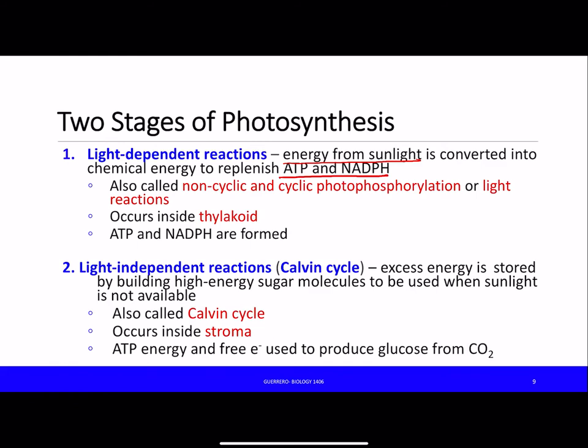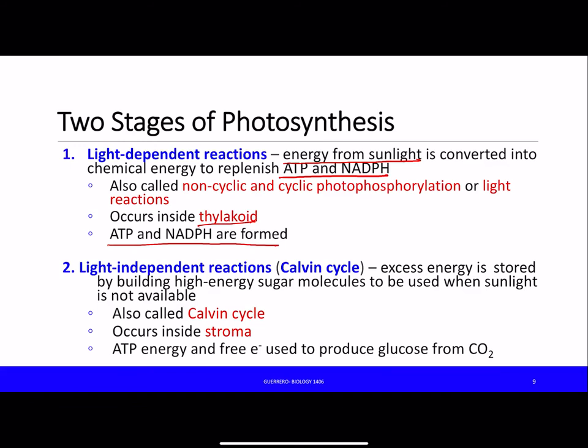You know what ATP is. NADPH should be kind of familiar because you met a version of it in cellular respiration when we talked about NADH. NADPH is an electron carrier. Light-dependent reactions happen in the thylakoid. And again, the end result is to make ATP and NADPH.